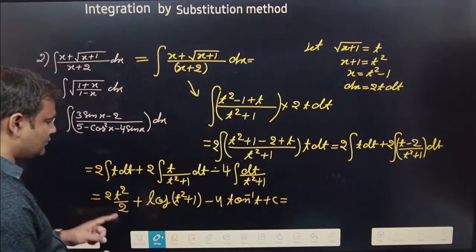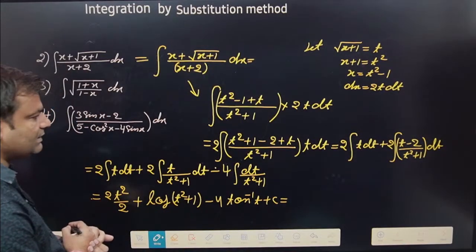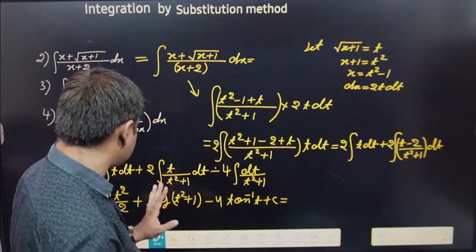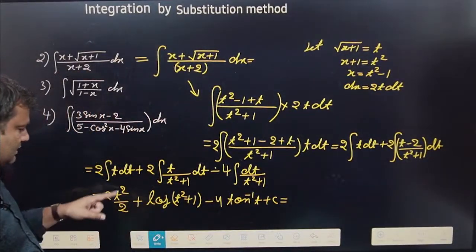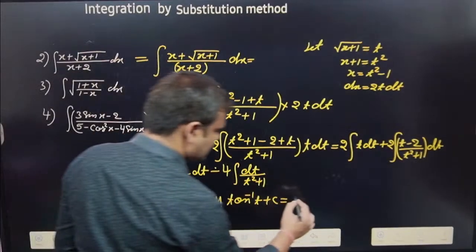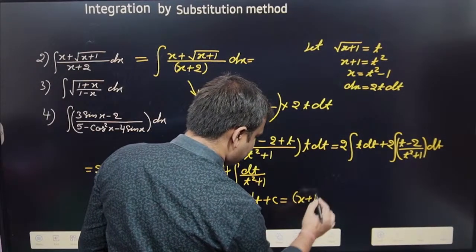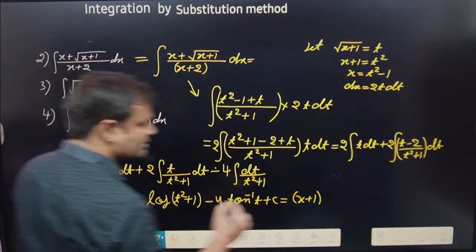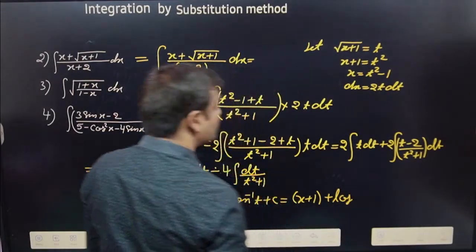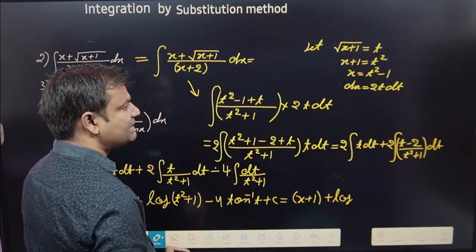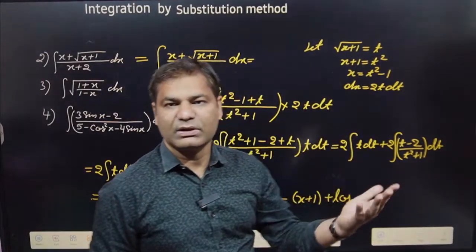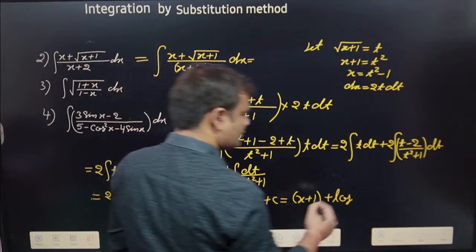Now after that, 2 to cancel. Everything is okay? Yes. Now 2 to cancel, here t square is basically x plus 1. So this one is written x plus 1. After that plus log of t square plus 1. t square plus 1 is written as, t square basically x plus 1, so x plus 1 plus 1, that is x plus 2.